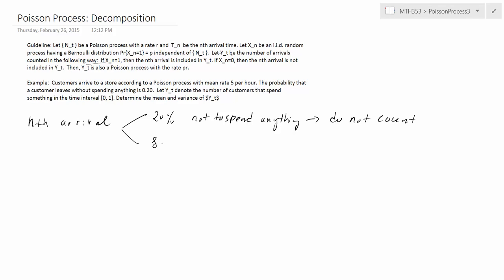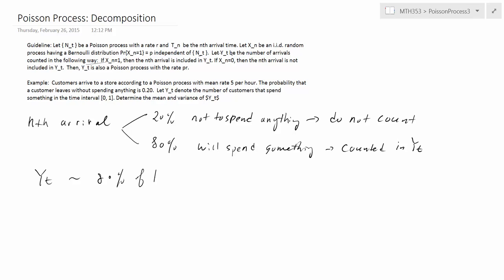And we still have the rest, 80%, that will spend something, and then this one is counted in Y(t). So Y(t) is part of N(t). You can see Y(t) is essentially 80% of N(t), but this 80% is counted randomly. You don't know which one is going to spend and which one is not going to spend.